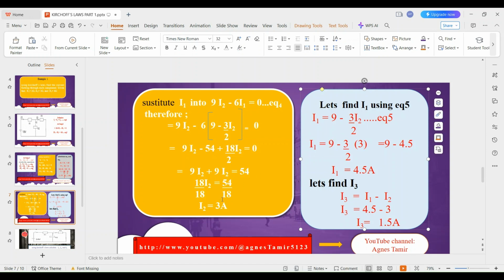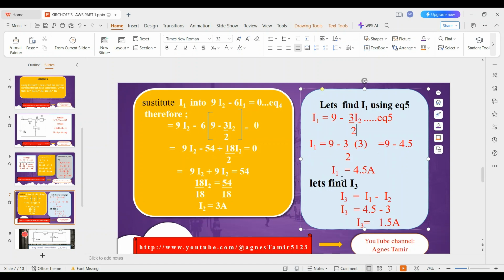So we have seen that I2 is equal to 3 amperes. We are replacing I2 by 3 here so that we can look for current 1, the current through R1. Therefore, we shall have 9 minus 3 over 2 multiplied by 3. 3 times 3 is 9, divided by 2 is 4.5. So 9 minus 4.5 is 4.5.